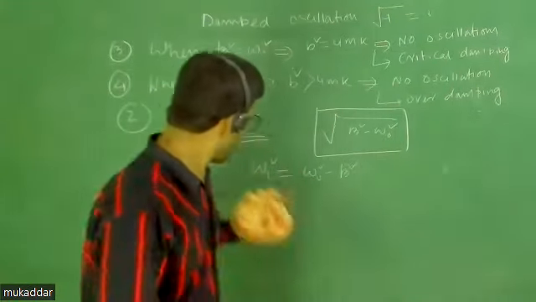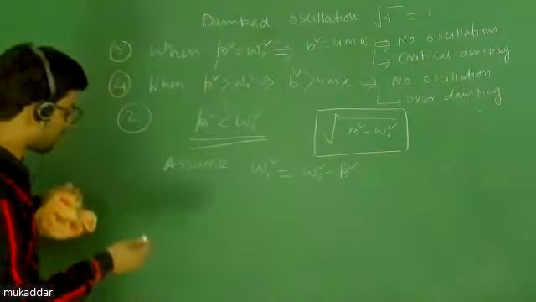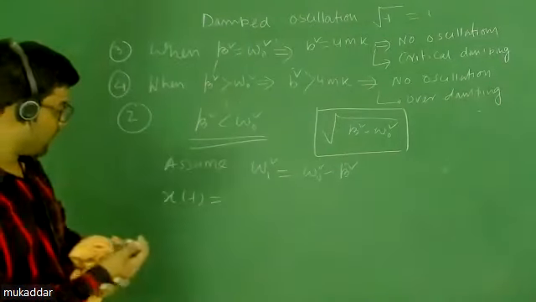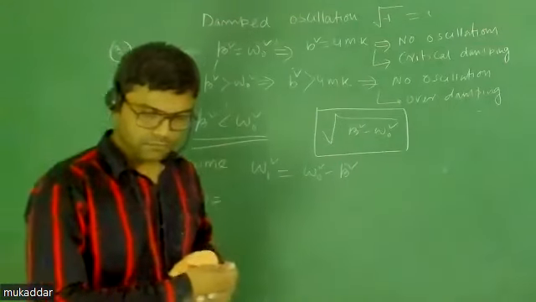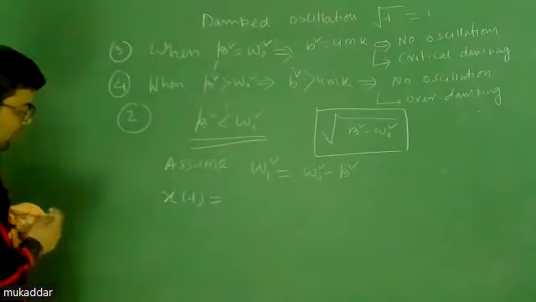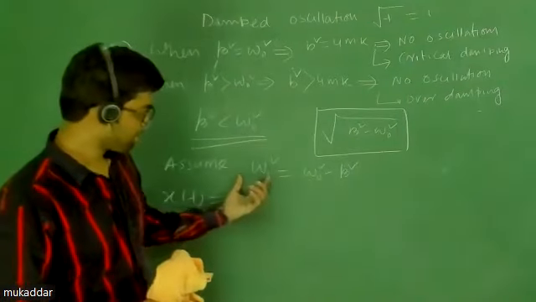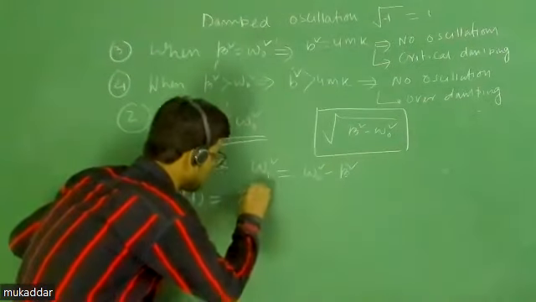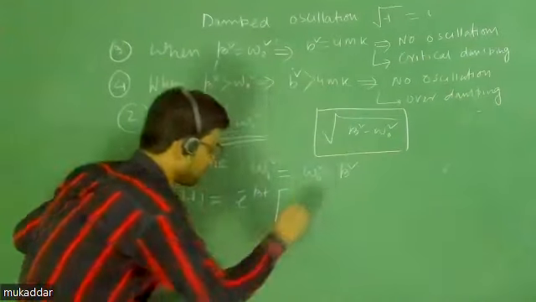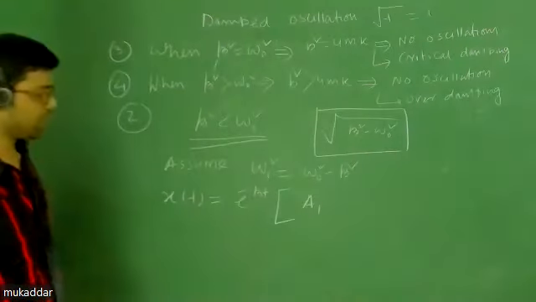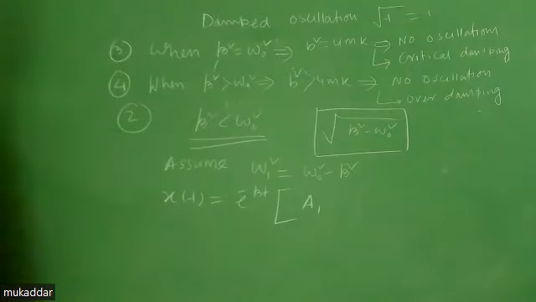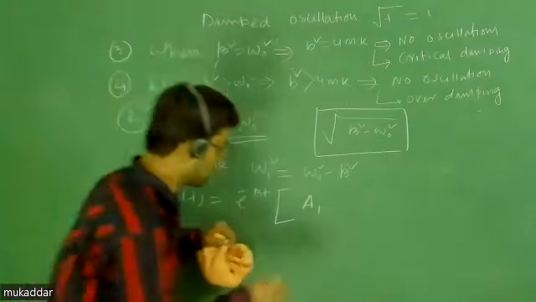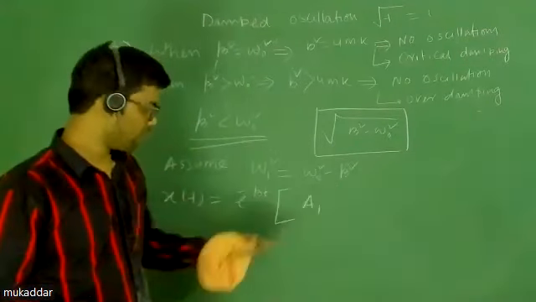If you substitute this omega on square in your general equation, tell me what you will get. First you will have e to the power minus beta t, and then a1.